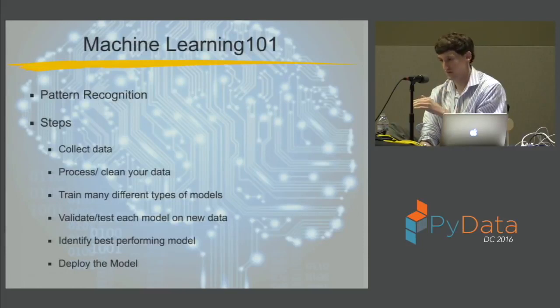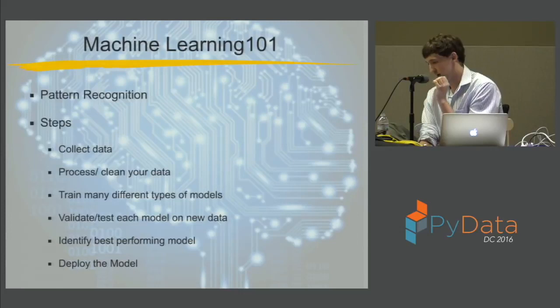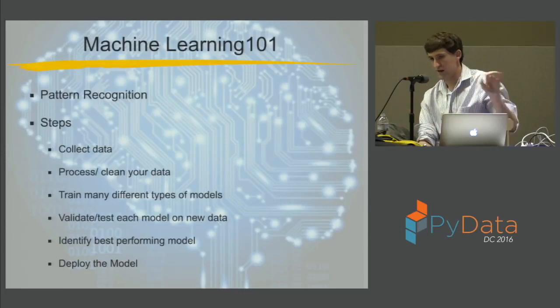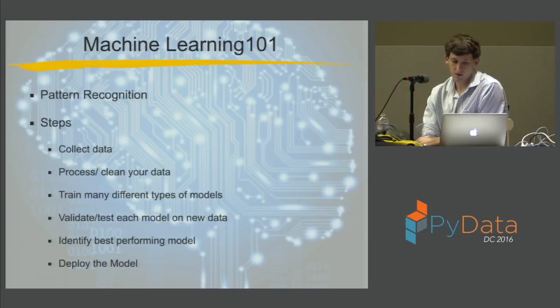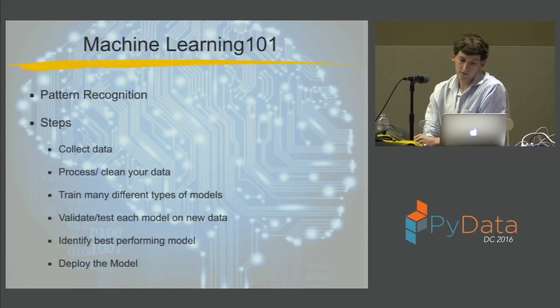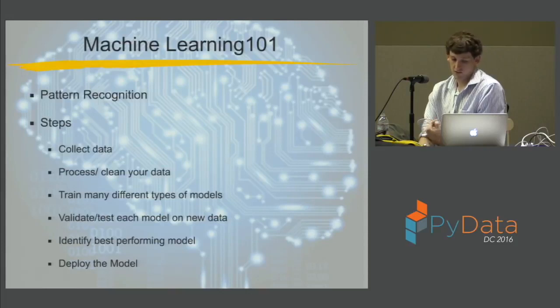You basically have a labeled data set. You say, here are some inputs, and here's what I actually got or what I want to get. Find patterns in this input data that can predict this output. So you have to collect a lot of data for these supervised learning kinds of problems. I actually had to drive the car myself a lot to generate that data. When you get the data, you generally have to do some sort of cleaning.